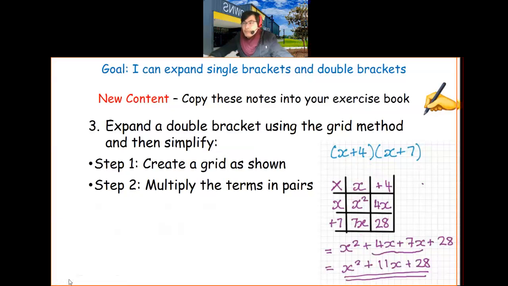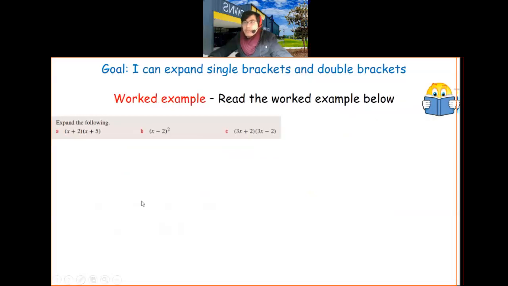So first one, we have brackets x plus 2, close brackets, multiplied by brackets x plus 5, close brackets. Okay, so using the FOIL method, we've got first, x times x, then outer, x times 5, then inner, 2 times x, and then last, 2 times 5, okay?